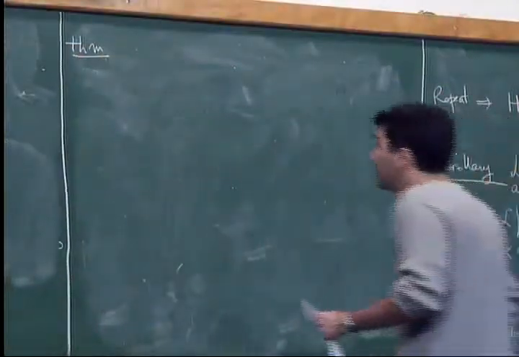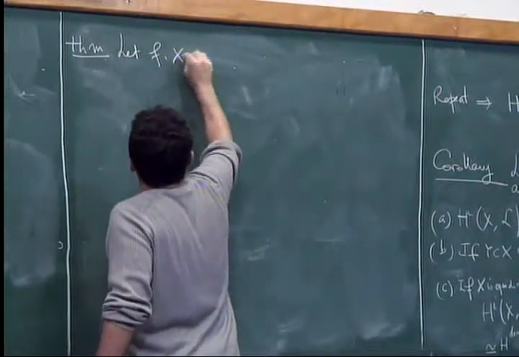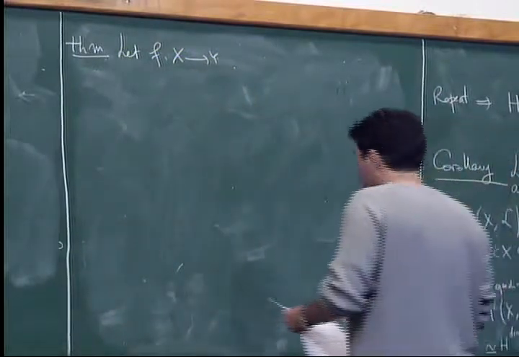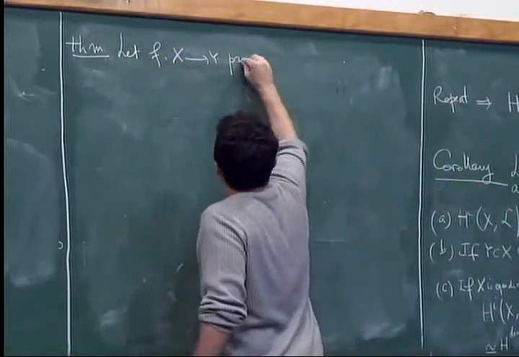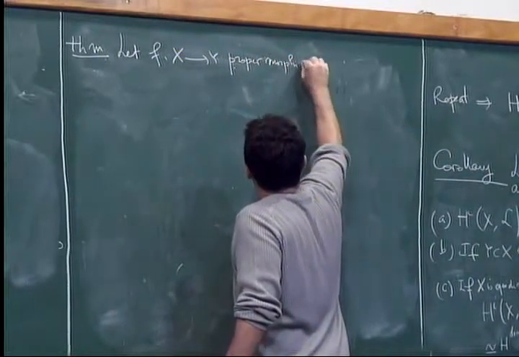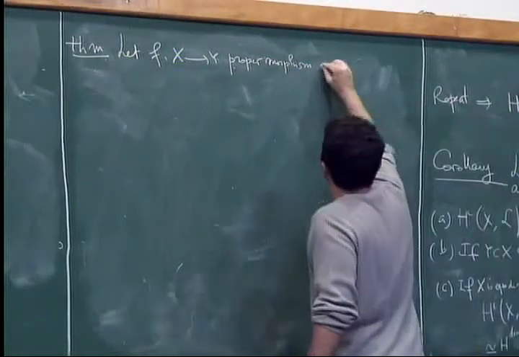So the last theorem. Let f be a proper morphism of k-schemes.